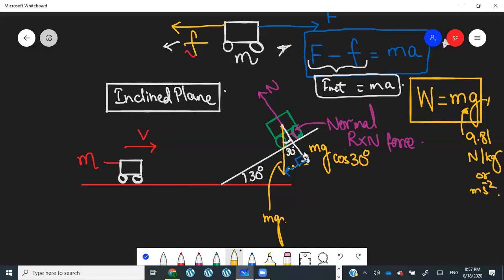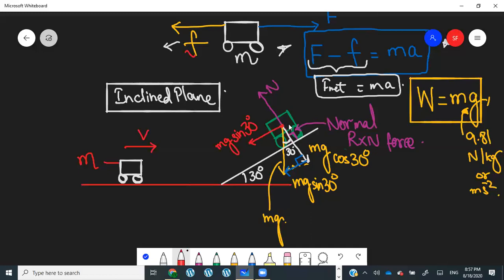Good, yes, because it's next to the 30-degree angle. And what about the blue one? mg sine 30. This mg sine of 30, instead of drawing it over here, we can also draw it over here, down the plane, because its direction is down the plane.